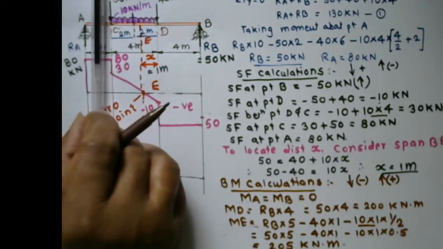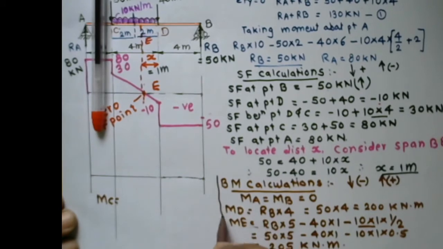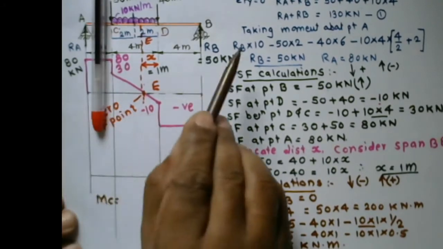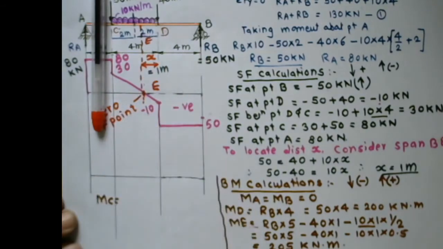Now come to the point C. Bending moment at point C. At point C, right hand side of point C, UDL, point load, and RB are acting. So in that case RB into its distance 4 plus 4, 8. Now the point load 40 into its distance, again 4.